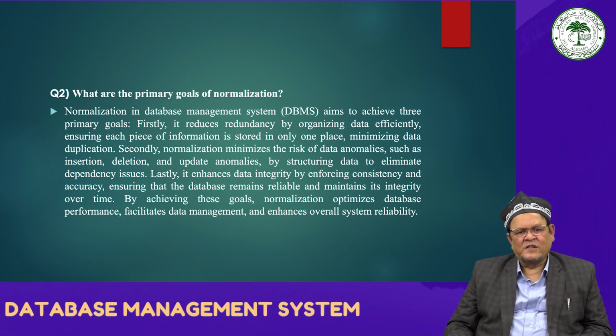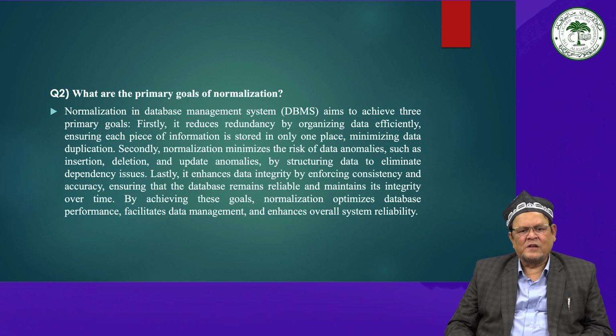Lastly, it enhances data integrity by enforcing consistency and accuracy, ensuring that the database remains reliable over time. By achieving these goals, normalization optimizes database performance, facilitates data management, and enhances overall system reliability.